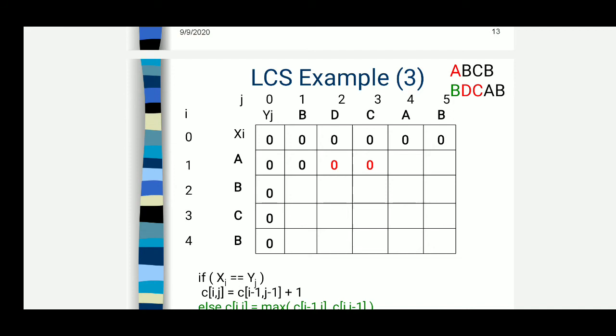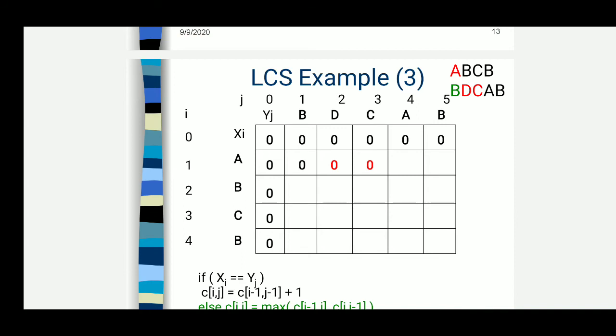Okay, at that time we will take the value which is taken from the immediately diagonal value, which is C[i-1, j-1] plus 1, because we found that the character in X and the character in Y are similar.